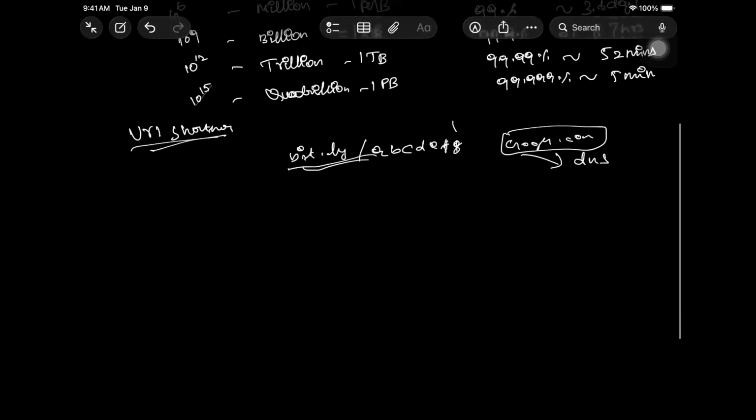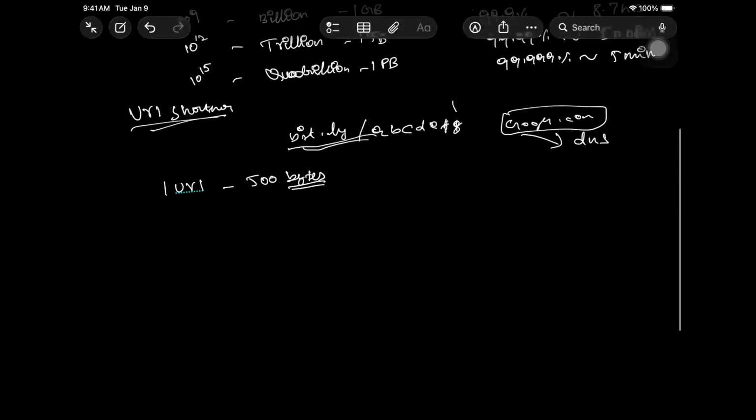So let's consider each URL equal to 500 bytes. Each URL contains 500 bytes, so we need to store it in the DB. Let's say we are going to handle 1 billion URLs per day.